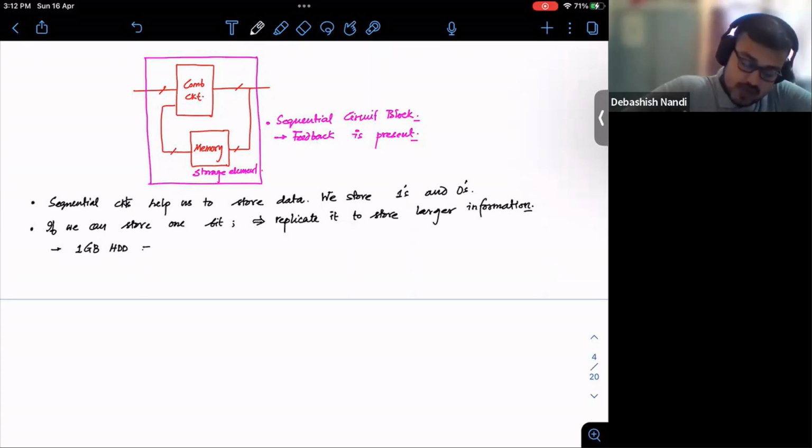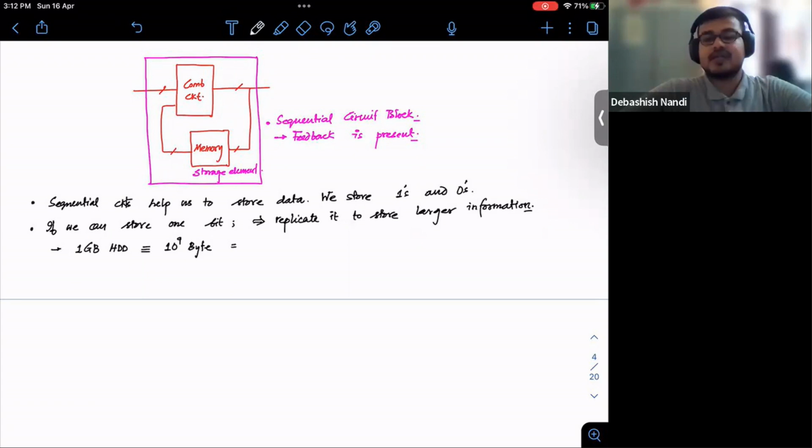So 1 GB would be 10⁹ bytes, and what is 1 byte? We have already discussed that 1 byte is nothing but 8 bits. So 8 into 10⁹ bits. If you can store 1 bit, you can replicate the same building blocks and store a higher number of bits.